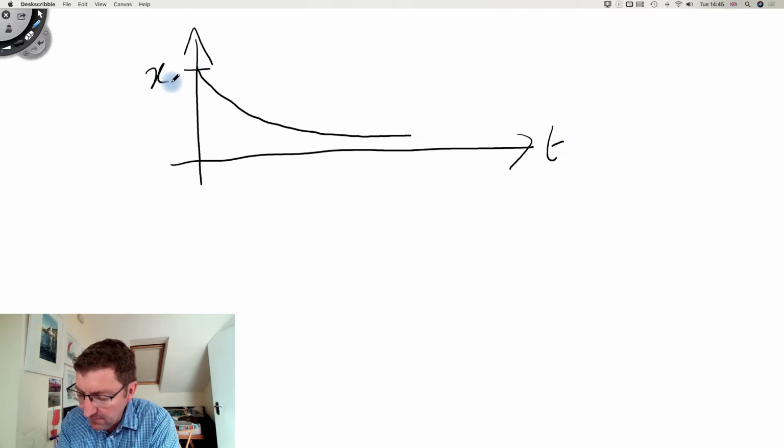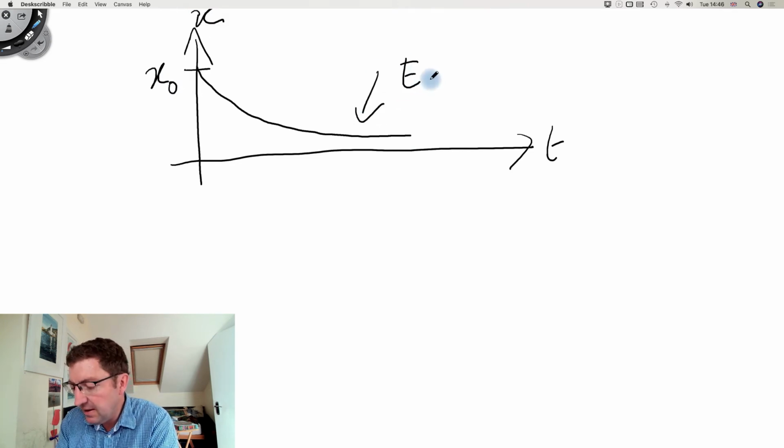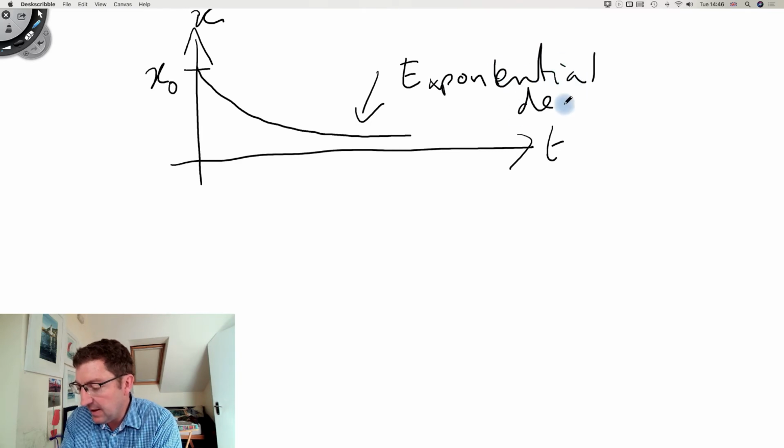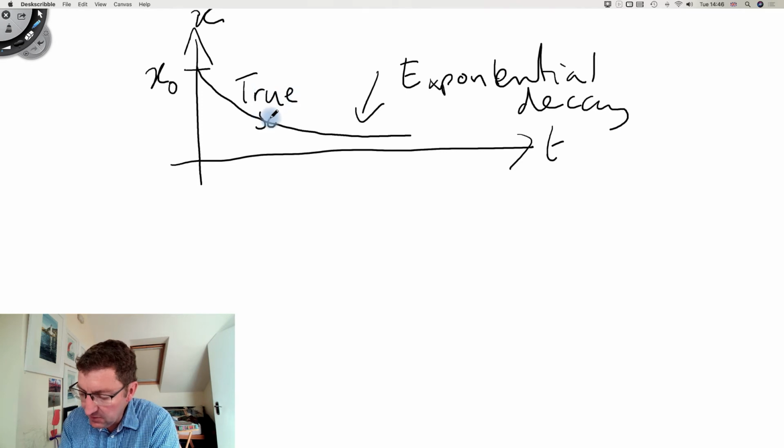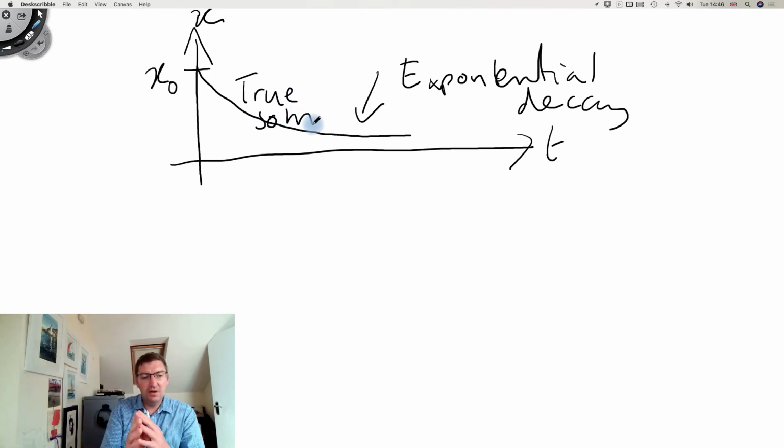There's x0, there's x, this is time, and then we have the exponentially decaying curve, and this is our true solution. The reason I'm doing this is because we know unambiguously what the true analytical solution is, so we can start to understand this idea of numerical instability with reference to this true solution.